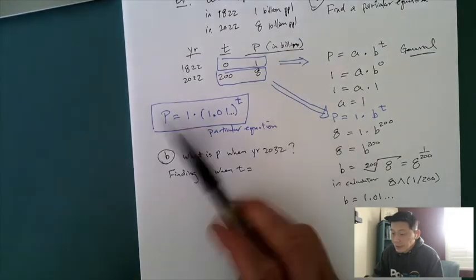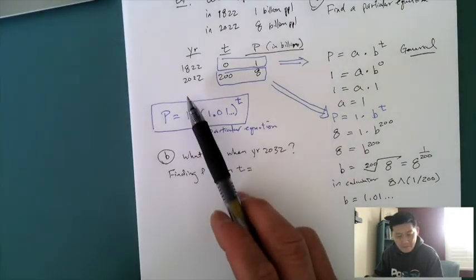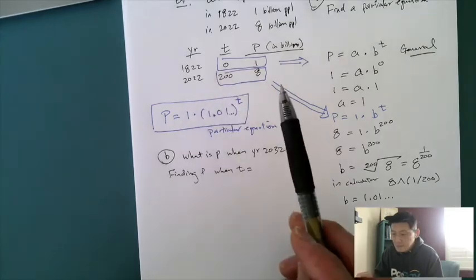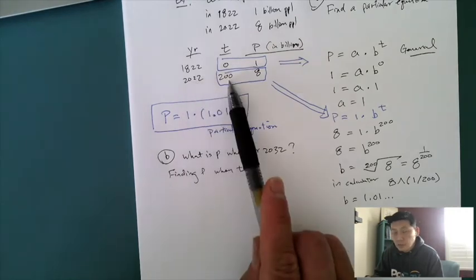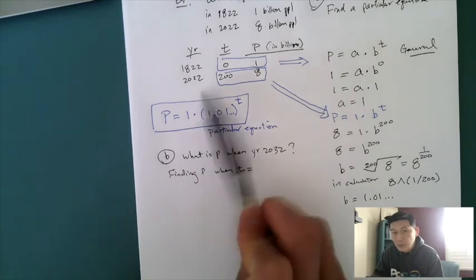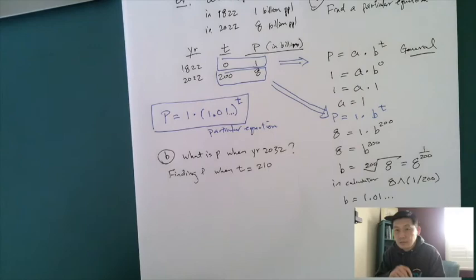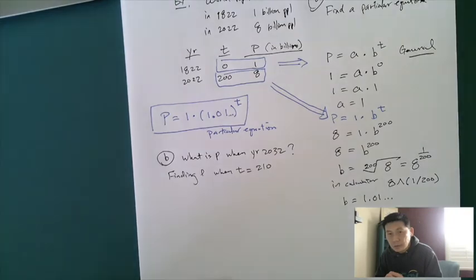Well, if 2022 is T equal to 200, then 2032 is 10 years on top of the 200, so T is equal to 210, isn't it? This is representing year 2032.